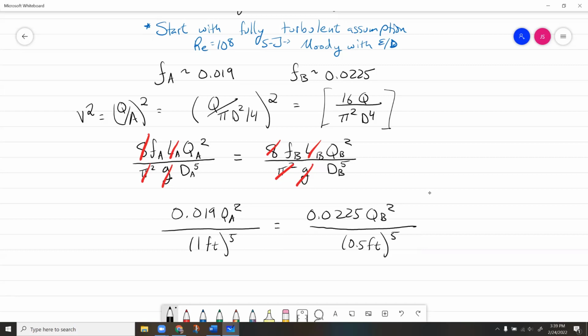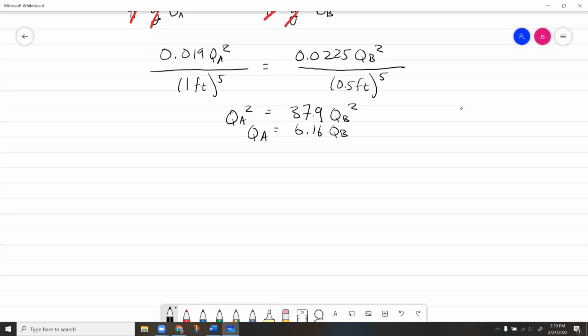So now we can simplify and factor, and what we end up with is QA squared is equal to 37.9 QB squared. Then we can take it down to QA is equal to 6.16 QB. So now we've got that pretty simple equation from the loop equation, and we can bring that back to the junction equation, which said that QA plus QB is equal to 10 cubic feet per second.